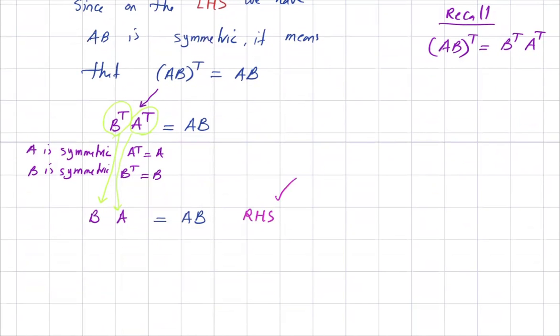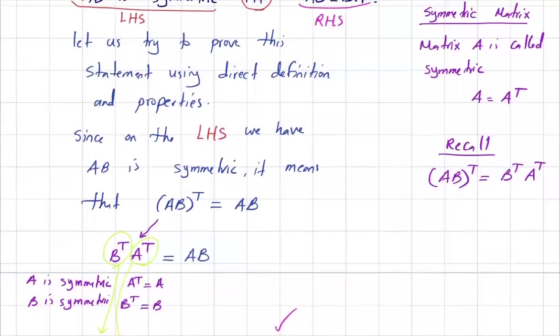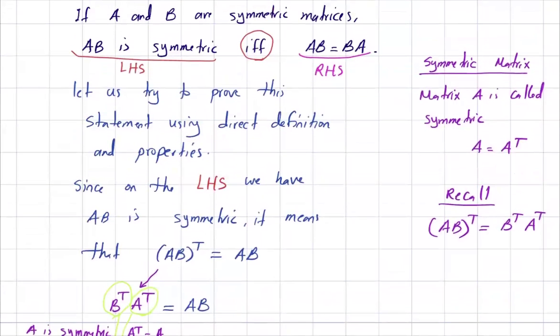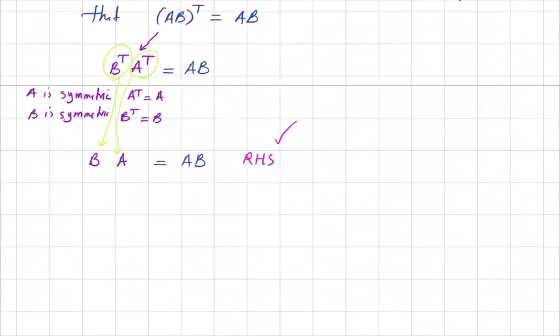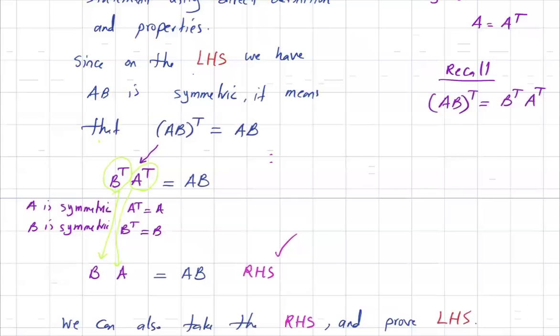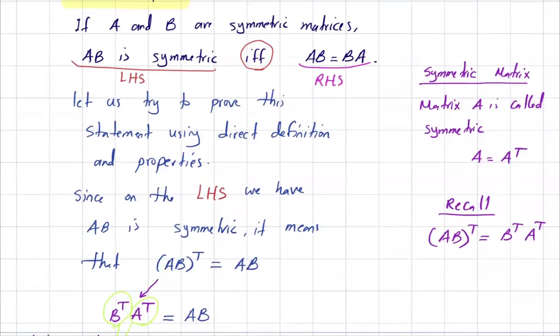You could also start by taking the quantity on the right-hand side, this statement on the right-hand side, and show that AB is symmetric. We can also take the right-hand side and prove left-hand side. But the right-hand side says, well, AB is equal to BA.